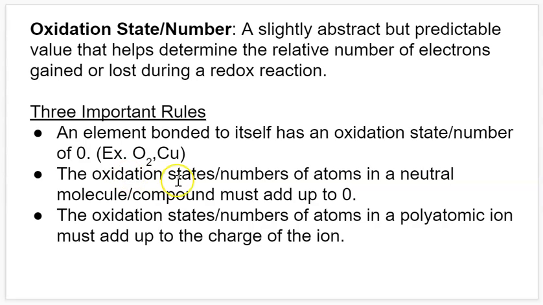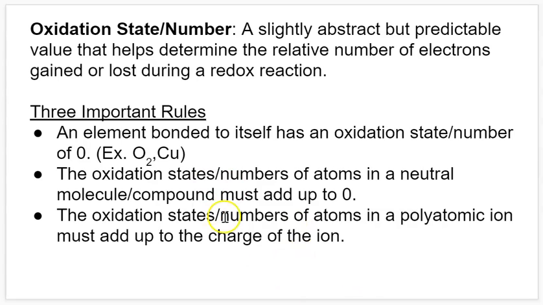The oxidation states of atoms in a neutral molecule or compound must always add up to 0. This is like when we're making ionic compounds and trying to figure out what ratio the cations and the anions combine in. We always make them so that the charges cancel each other out.